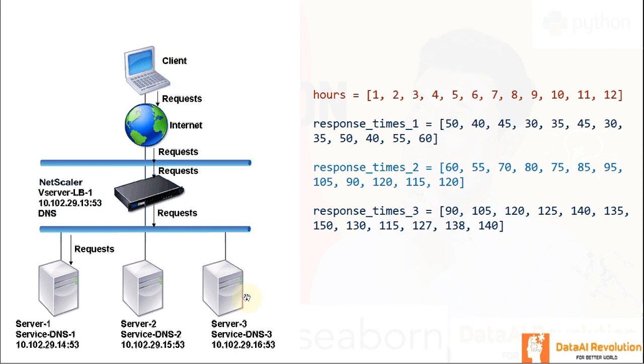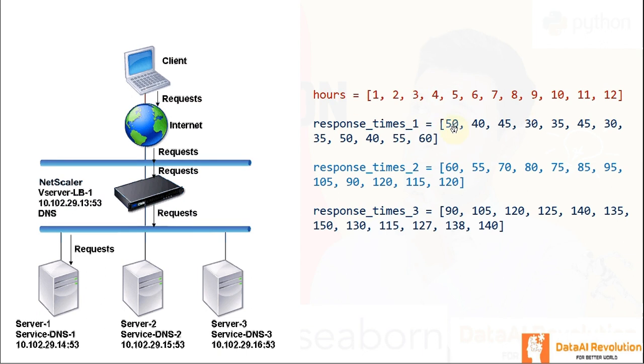Let us assume these are the servers of Google, and you are requesting Google's homepage from this particular machine. If this machine sends a request to server one, then the server gives a reply back to the client, and the response time for server one is recorded here. You can see these are hours 1, 2, 3, 4, 5 up to 12, and the response time for every request.